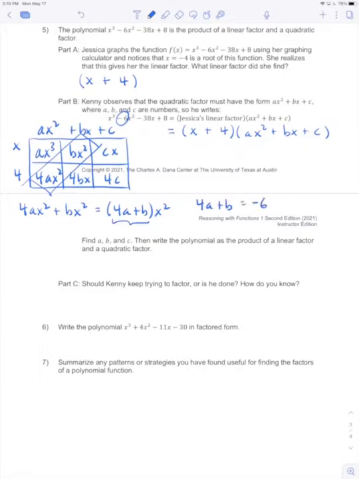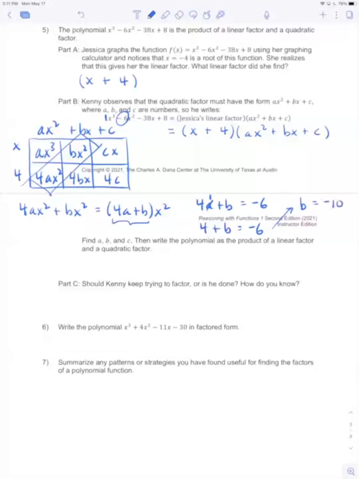Now we have a single equation with two unknowns, but notice the coefficient of the cubic term here is a 1. So it's 1x cubed. So I know the a has to be a 1. So this reduces to 4 plus b equals -6. If we solve this for b, b is going to be equal to -10.